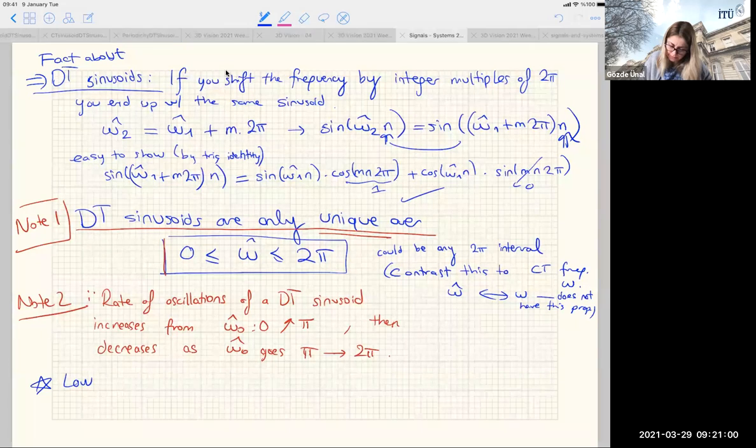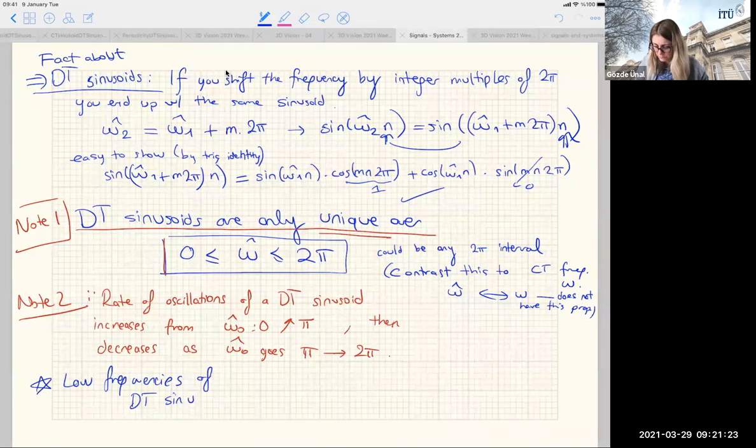Low frequencies, because you will be working with discrete Fourier transform, discrete Fourier series. It's important to know that's how you will display things. When you see things, visualize, for instance, and manipulate, closer to 0 frequencies are your low frequencies. So low frequencies of discrete time sinusoids are in vicinity of omega 0 hat is 0 plus, like I was saying, 2k pi.